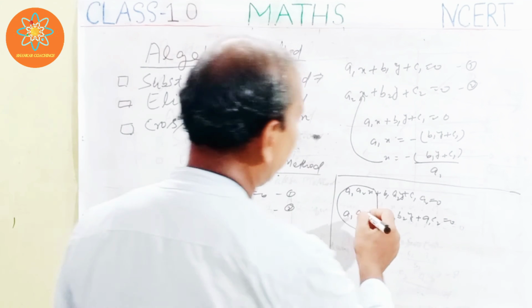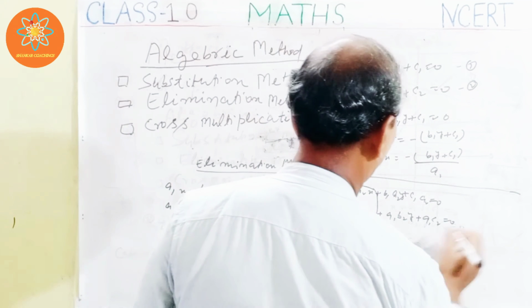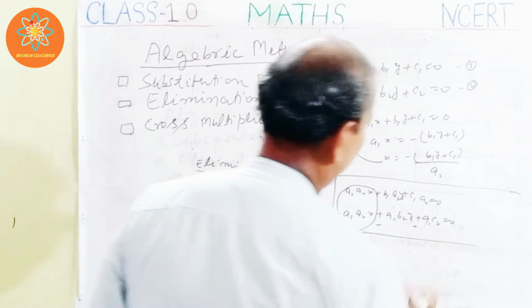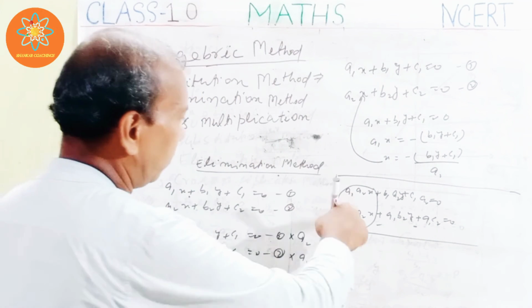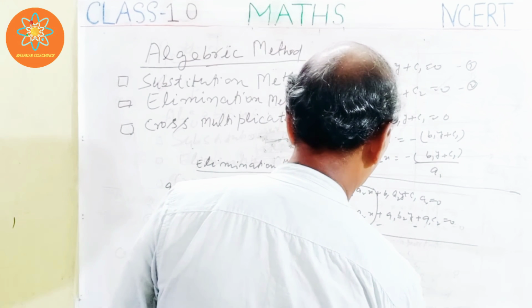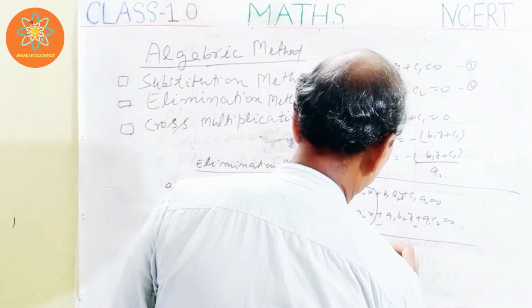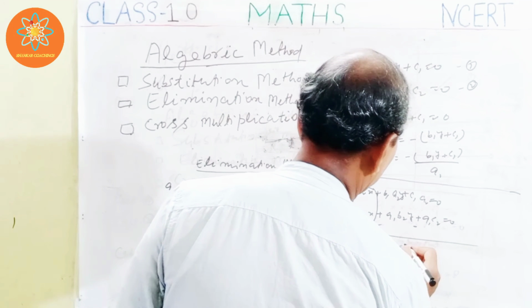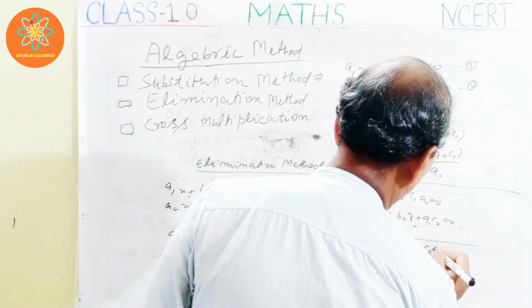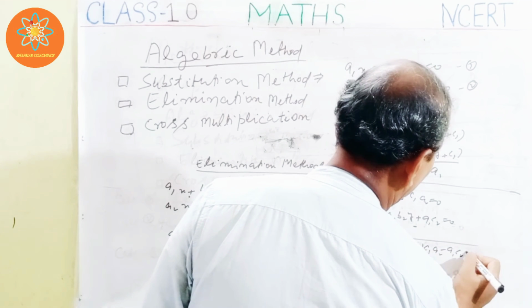So if I subtract, obviously this will be cancelled out, and what I will get is b1 a2 minus a1 b2, times y, plus c1 a2 minus a1 c2 is equal to 0.